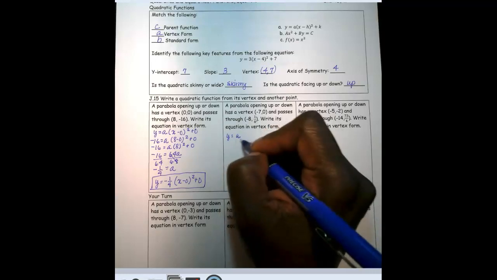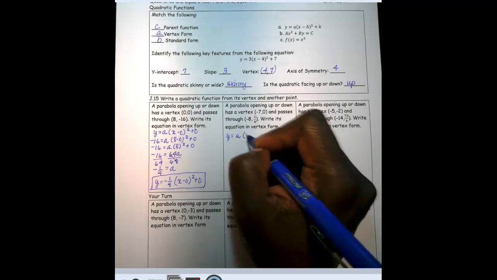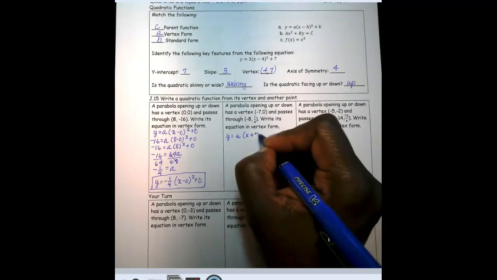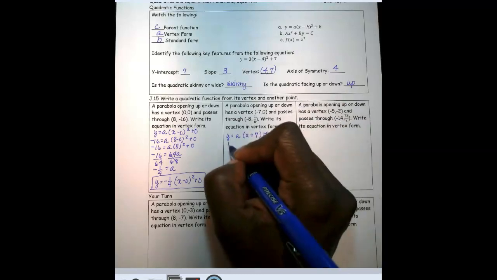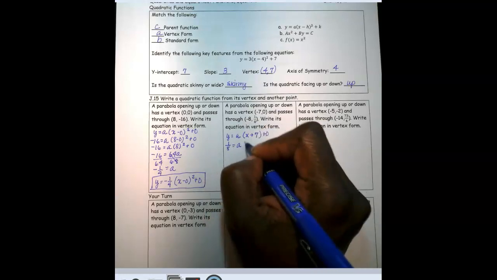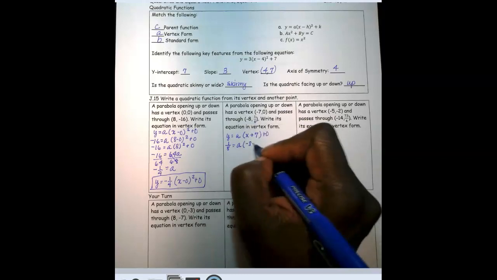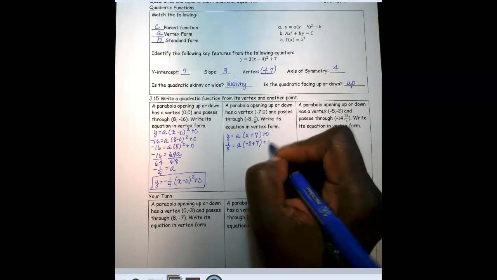So I've got y equals A times x, and this is minus 7, so I know in vertex form it's actually the opposite, so that's plus 7, plus 0. Then I've got 1/8 as my y, and the point equals A, and then for x I'm going to put in negative 8 plus 7 plus 0.